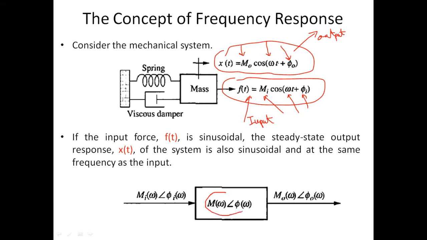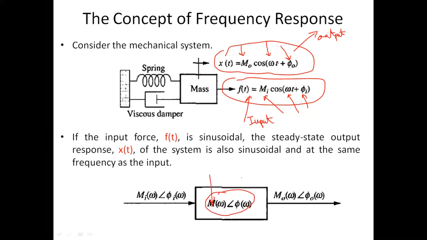So the system could also be represented by an amplitude and phase angle. Why?